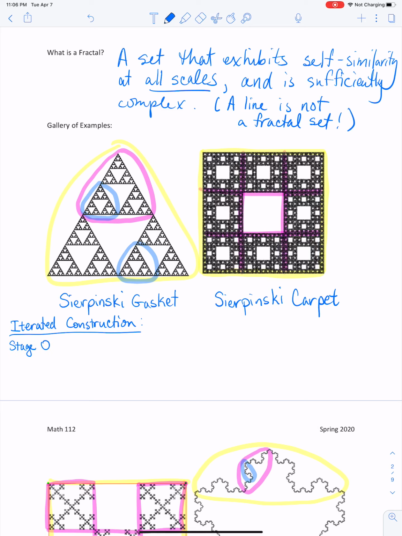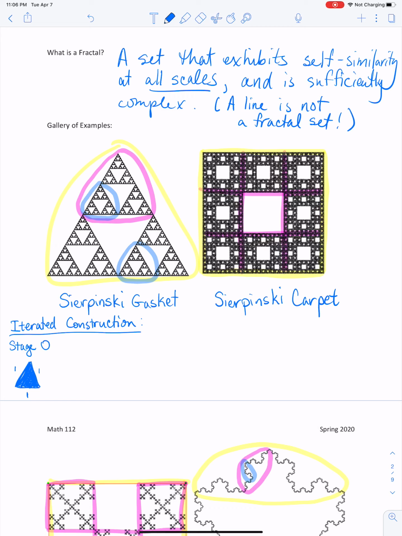The set is just the solid triangle here. I'm going to label the side length here. The side length will be 1.